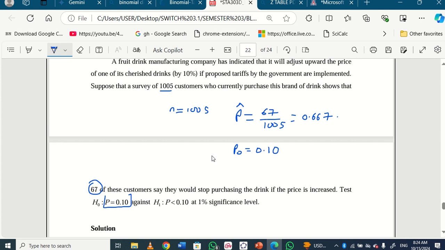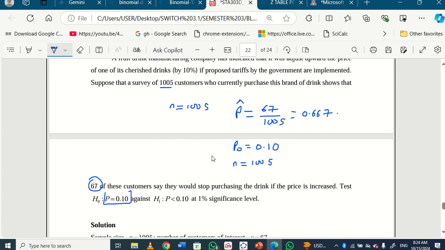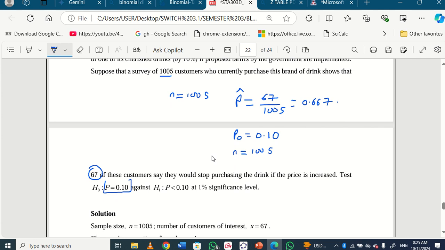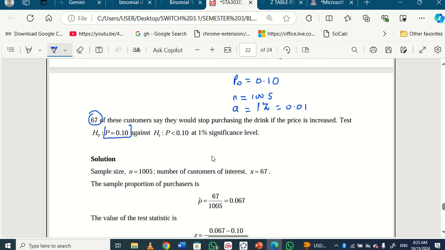So now we know our calculated proportion, and we know the hypothesized proportion. We know our sample size to be 1005. There is also a significance level, which is the alpha level, 1%, which is the same as 0.01. So with all these parameters, you have to quote the formula nicely.